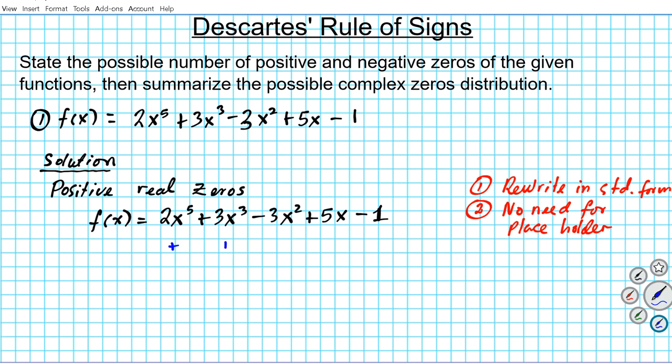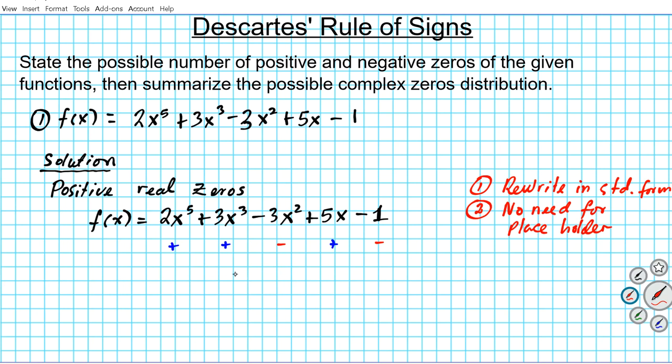Second term is positive. The quadratic term is negative. The linear term is positive. And then the constant is negative. Okay, so you notice that it's already in standard form, 5, 3, 2, 1, 0 in descending order of degrees. And even though the quartic term is missing, we didn't insert a placeholder for that because the sign of 0 is not applicable. 0 doesn't have any orientation, okay?